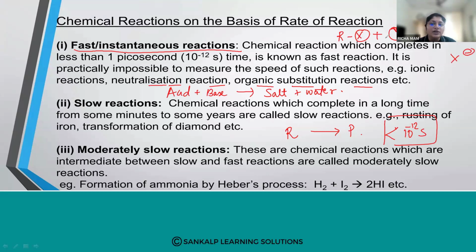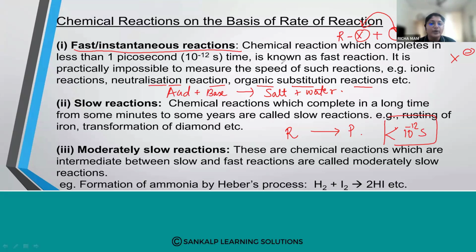This is a substitution: one atom is replaced or substituted by another atom. Such reactions are called organic substitution reactions. So we are discussing the types of chemical reaction on the basis of rate of reaction. There can be three types of reaction possible. One is a fast reaction.